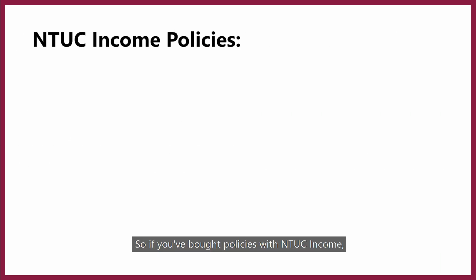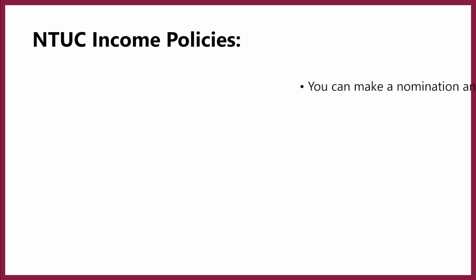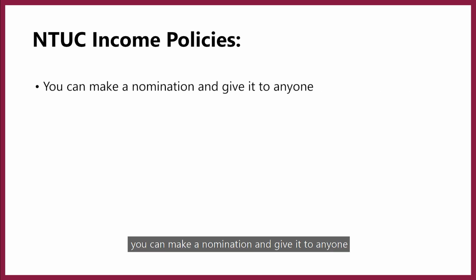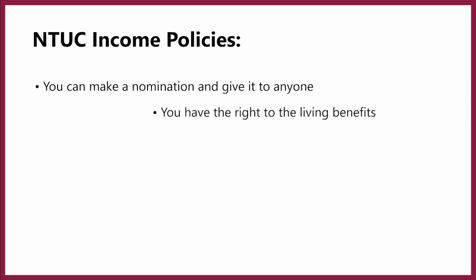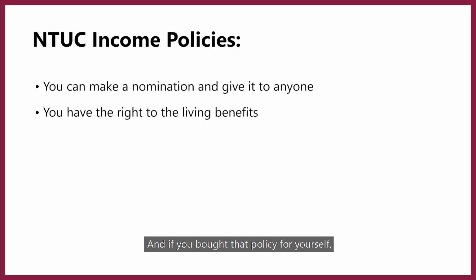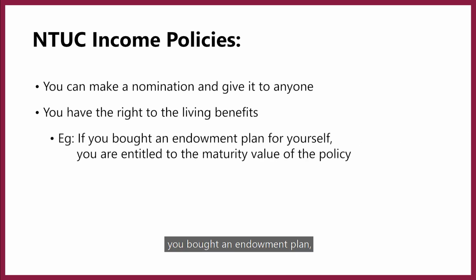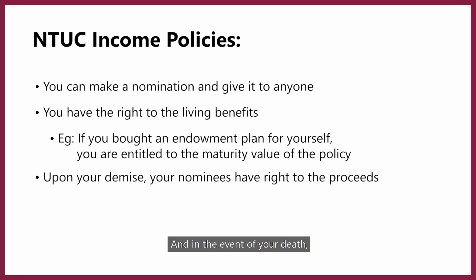So if you've bought policies with NTUC Income, you can make a nomination and give it to anyone. And if you bought a policy for yourself, for example an endowment plan, when it matures, you are entitled to the maturity value of these policies. And in the event of your death, your nominees now have right to the proceeds of these policies.